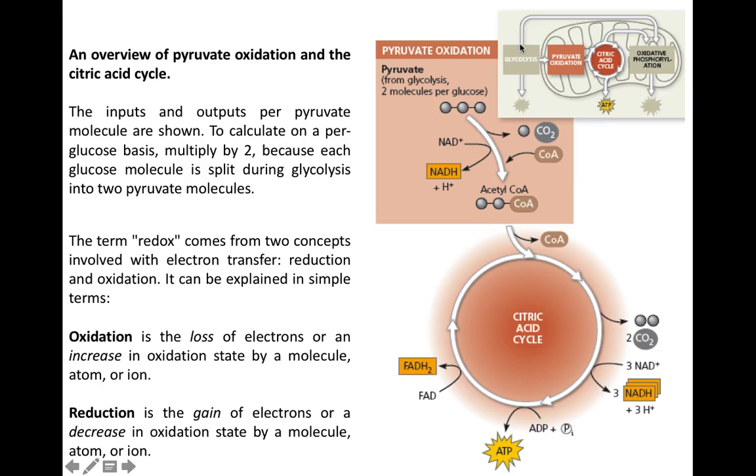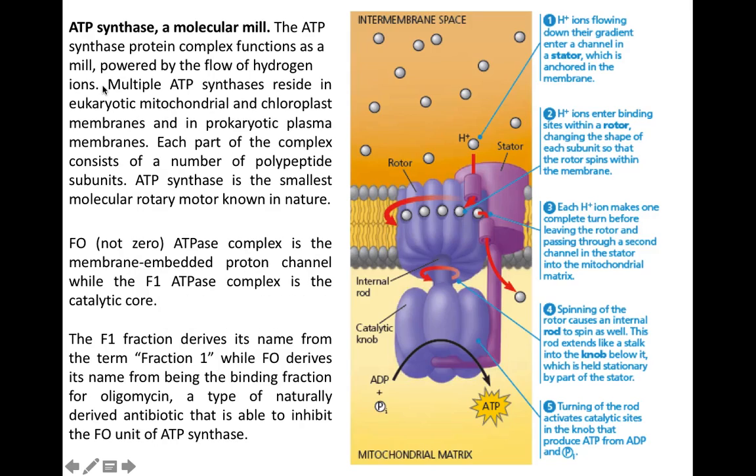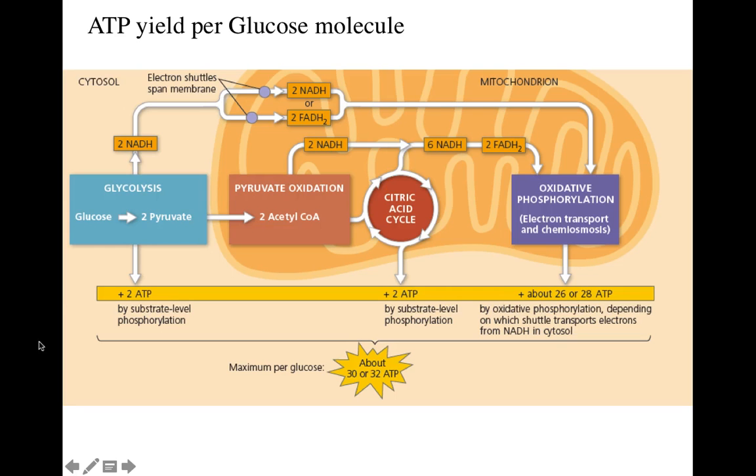We didn't discuss glycolysis in detail, but when glycolysis takes place, NAD is reduced, meaning NAD is converted into NADH, carrying some electrons from glycolysis. So when glucose is converted into pyruvate in the cytoplasm, this leads to the generation of some ATP molecules by substrate level phosphorylation, and some electrons are also carried by NAD. So NAD is reduced now into NADH.